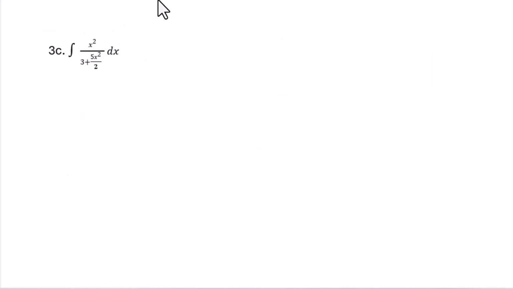Let's go to 3c. First step, times 2 for every single term: 2x squared over 6 plus 5x squared dx.